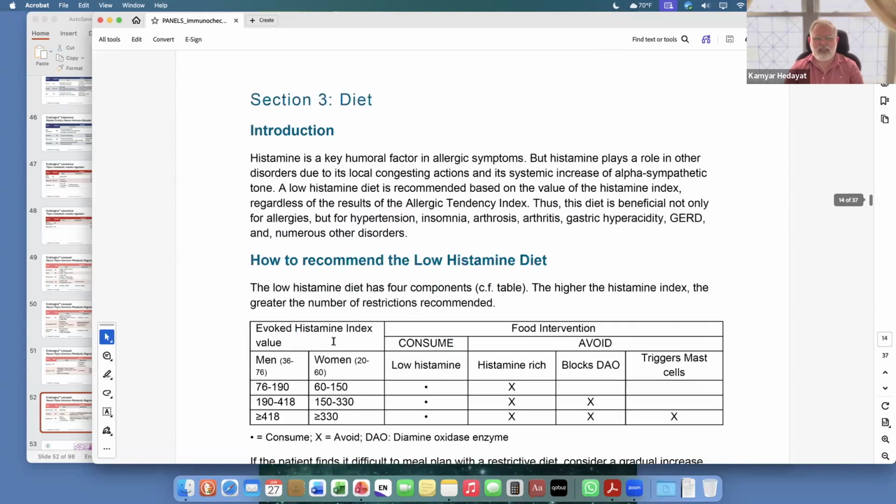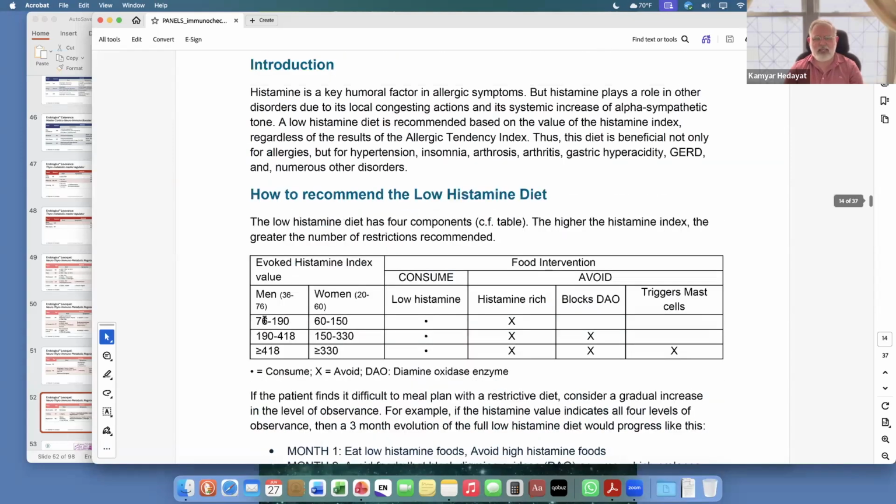We have a detailed discussion of the diet, and I included the ranges here for you to be absolutely clear on why I've recommended avoiding certain degrees of strictness of adherence to the low histamine diet.